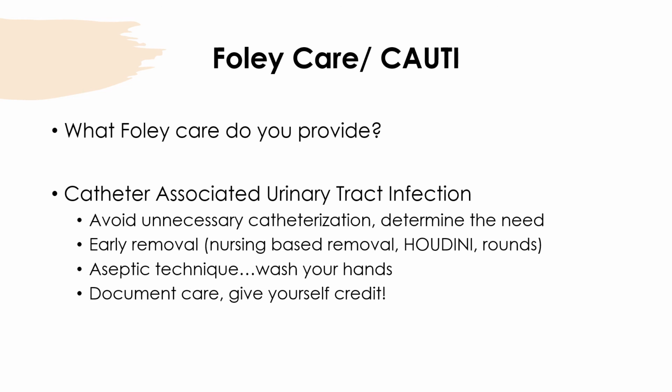So we want to make sure that we're emptying that bag at least once a shift, or if there's a larger amount of voiding or urination, that we're emptying it more. Of course, pericare is huge when placing your Foley, aseptic technique. That's a big deal. A cath secure, making sure that there's not a lot of movement at the meatus.